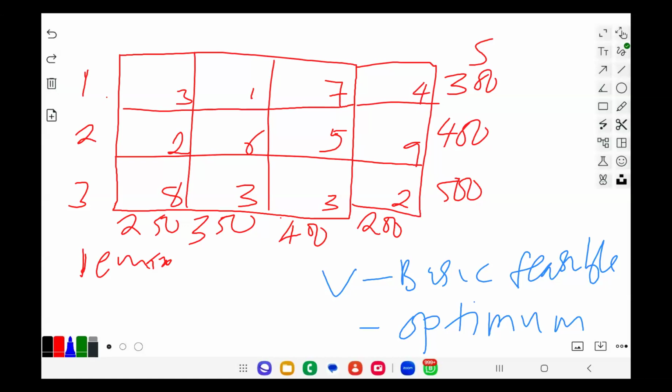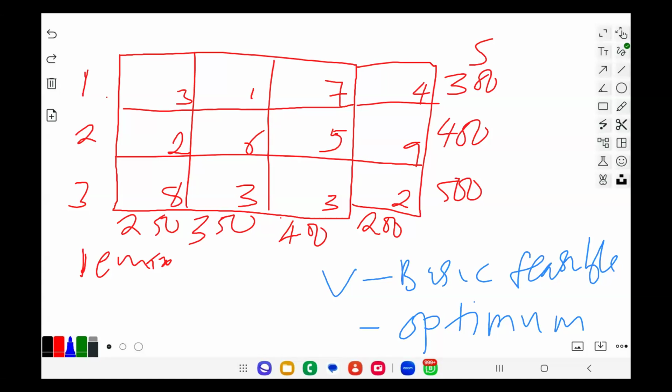Now, as of today, we are building on what we did in the previous class. A follow-up question can come after finding the basic feasible solution: can you now find the optimum solution using, for example, the northwest corner rule, the least cost cell method, or the VAM method? So you need to understand that.